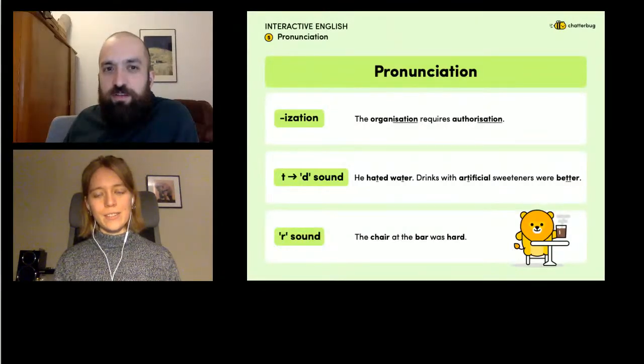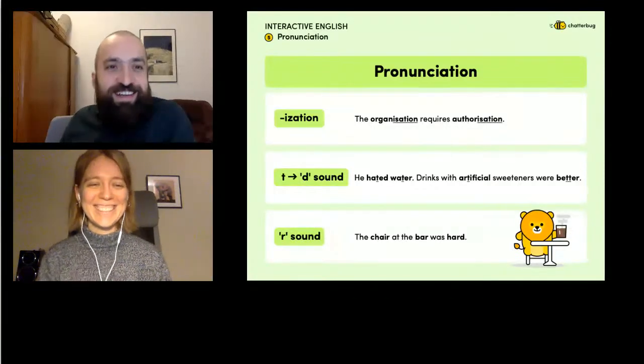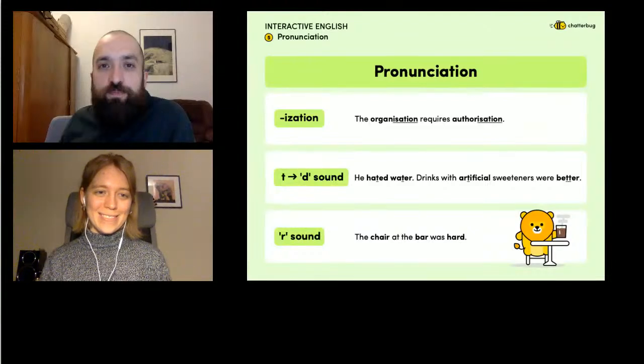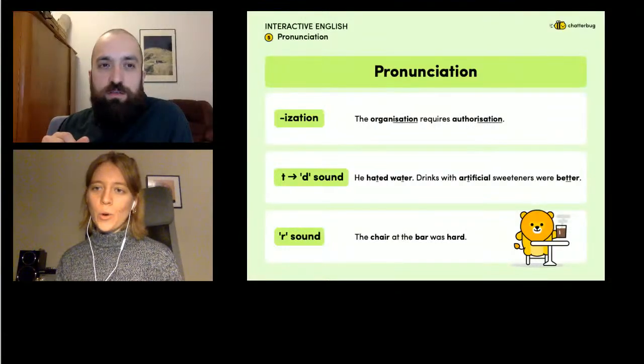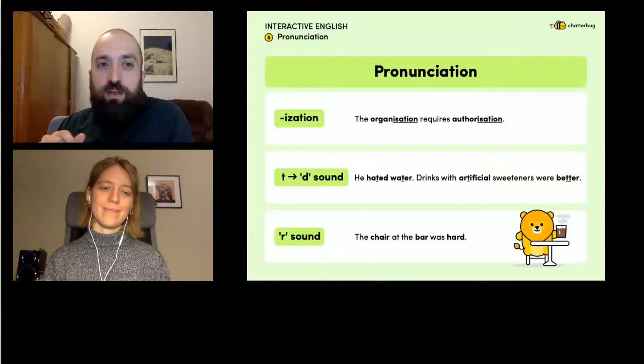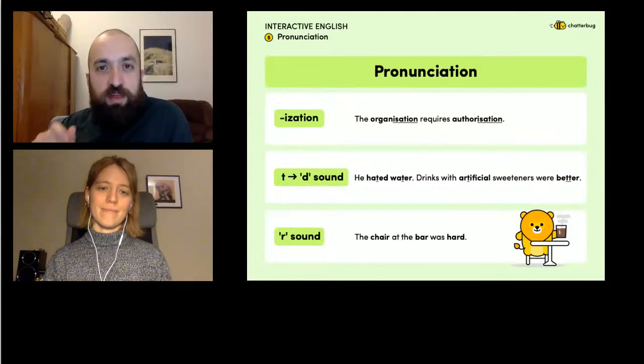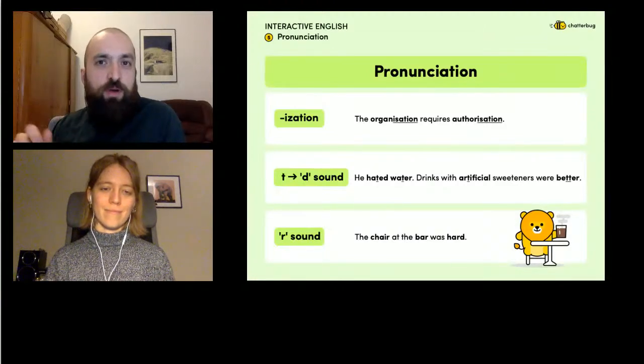Organization. I can't even remember how I talk. So what is the verb from organization? To organize. So apparently the British pronunciation is the same as the verb.